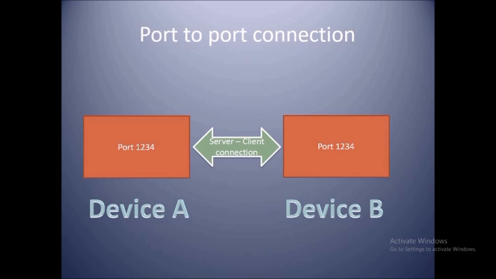Device A hosts the Xender service on port 1234, and device B hosts the same service on port 1234. Whichever creates the group or starts is called the server, and whichever joins the group is called the client. With the same port and same service, a server-client connection is established, and the two devices are now connected.